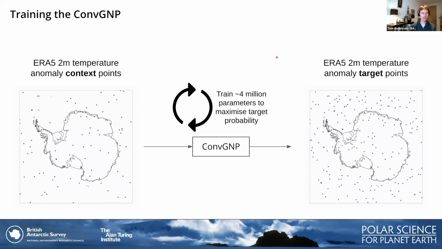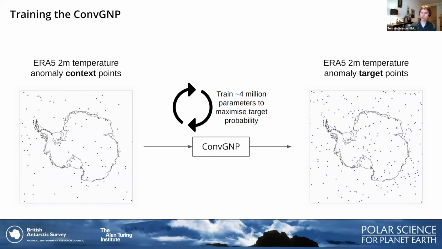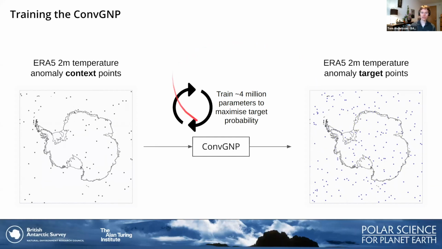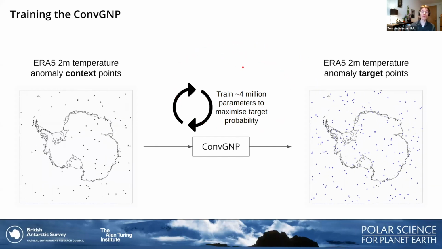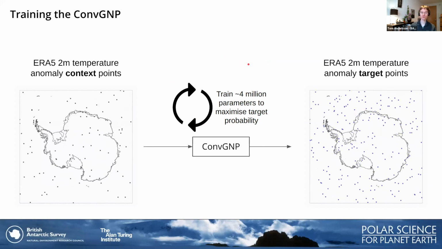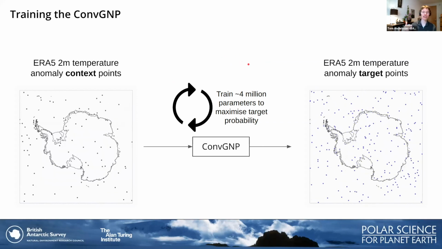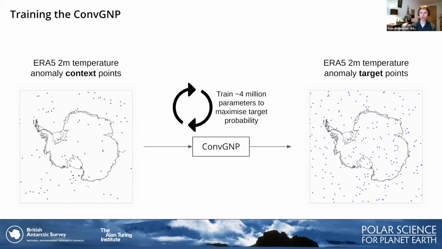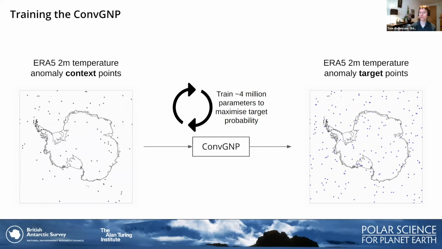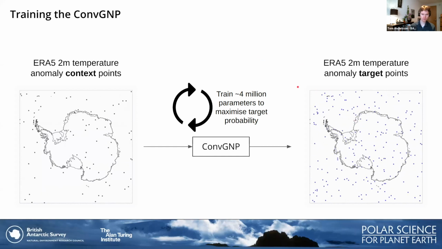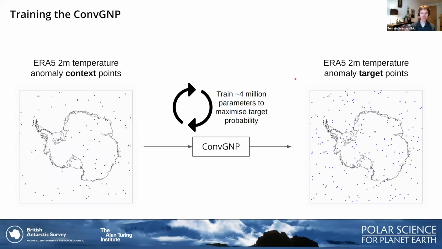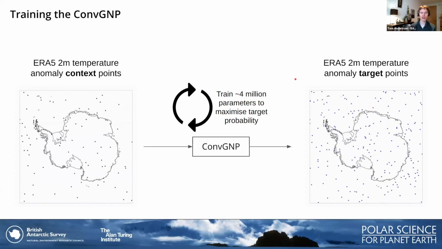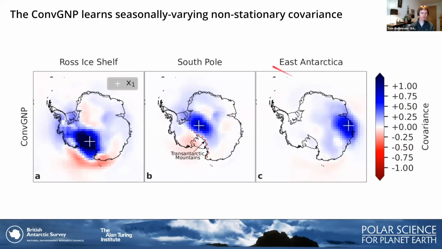And this is going to be a Gaussian distribution at all of these blue points over on the right-hand side. And we're going to train this thing, which contains 4 million parameters in the case of our model, to maximize the likelihood or the probability of the true values that were actually observed by ERA5 at those blue points. Again, super high level, but that's a high level overview of the training scheme.